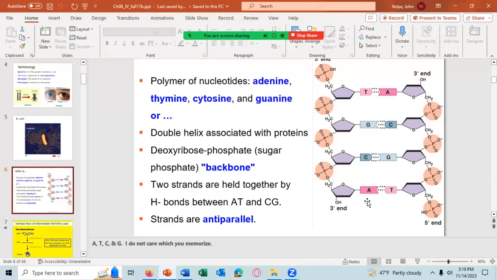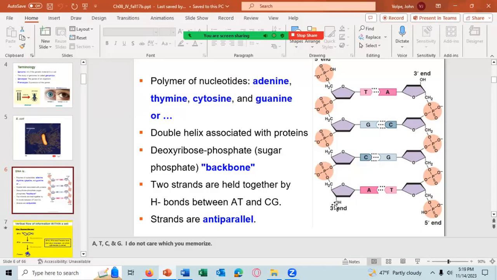The two strands of DNA are not running together. They are anti-parallel. That means one of them is facing this way and one of them is facing that way. Specifically, you could say this is the 3' end and that's the 5' end. However, on this strand, this is the 3' end and that's the 5' end. The numbers are what the chemists use when they're talking about sugars or some chemical molecule.